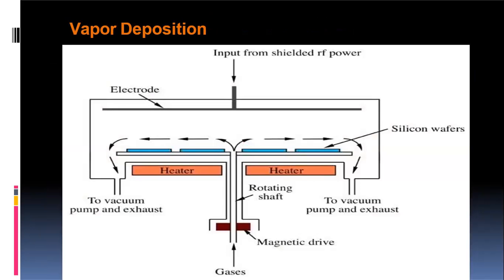Next one is the vapor deposition technique. In the vapor deposition technique, the input is from the shielded RF power, which has an electrode in it, and the silicon wafer is melting through it, and the heater is attached to it. And the air is sent from the vacuum pump and exhaust, and it is sent to the magnetic drive, and it is controlled by the magnetic drive sections.